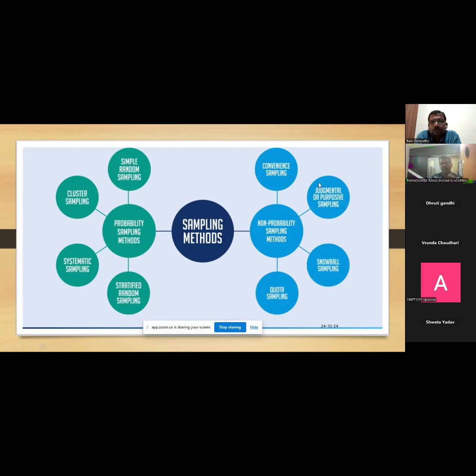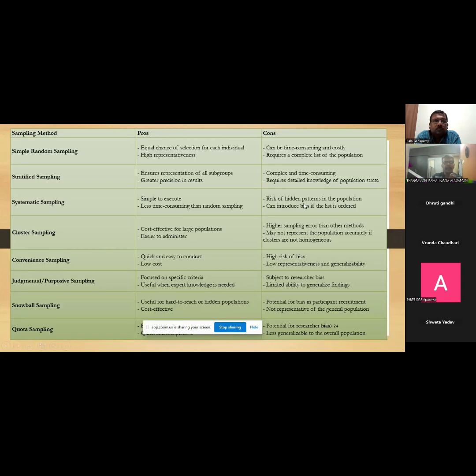These are mostly used in qualitative research design or in survey and cross-sectional studies. One by one I will explain everything. The way I said, simple random sampling gives an equal chance of selection and high representativeness, but you need the list of the population. Stratified random sampling is called stratification.